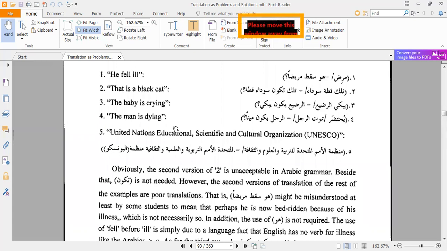Also, for the man is dying, الرجل يكون ميتا، هنا literal translation is not acceptable. Why?